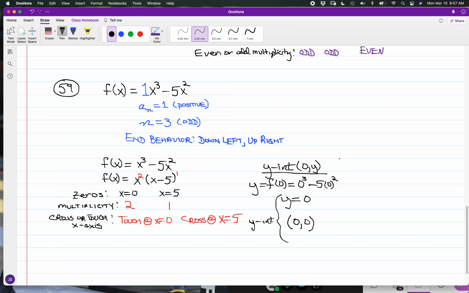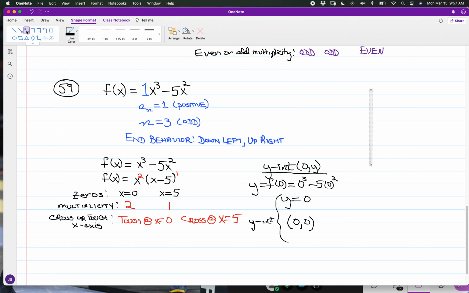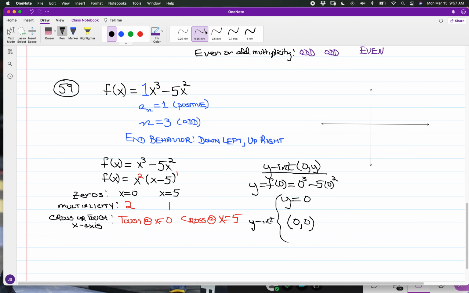All right. And so just taking a sketch concerning the behavior of the graph of this function. Okay, so you have our zeros at 0 and 5.